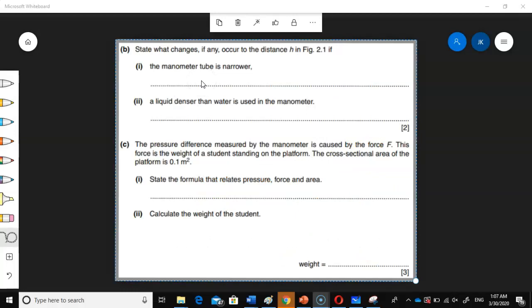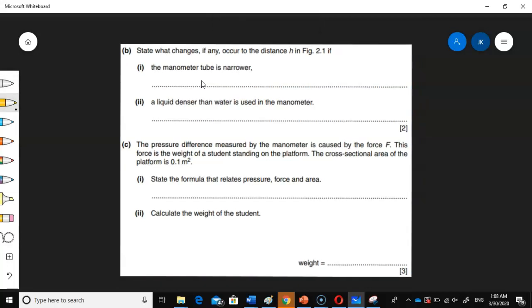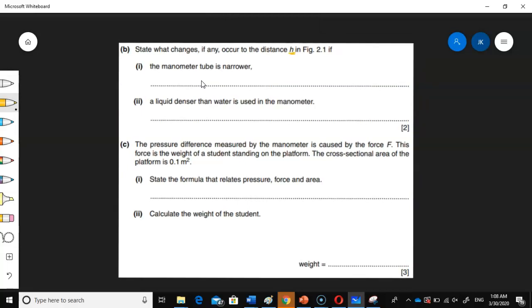State what changes, if any, occur to the distance h, the height difference, if the manometer tube is narrower. If it is narrower or it is wider, it doesn't matter. The pressure, no change.